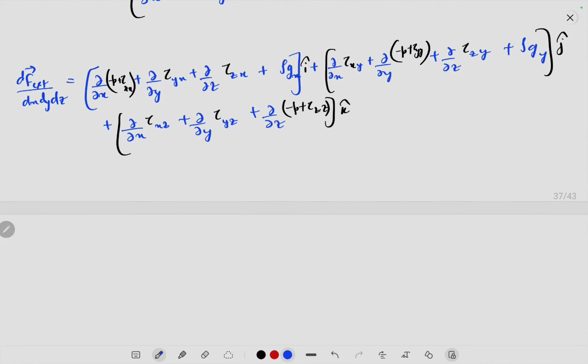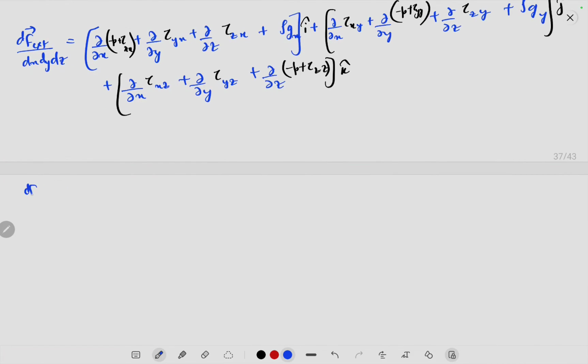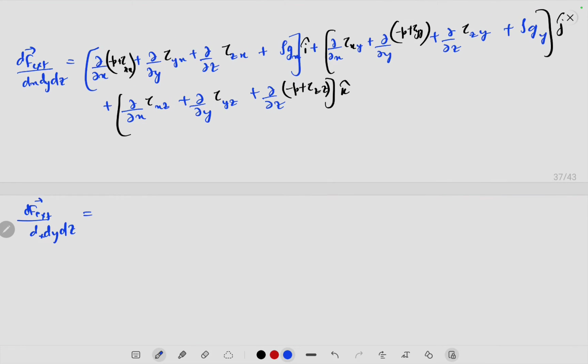Now let's further simplify this. So I have df external divided by dx dy dz is equal to, let me take the pressure terms separately, the gravity terms separately, and the stress terms separately.